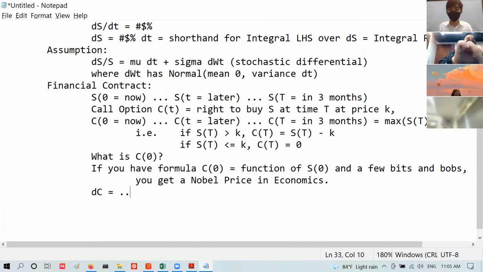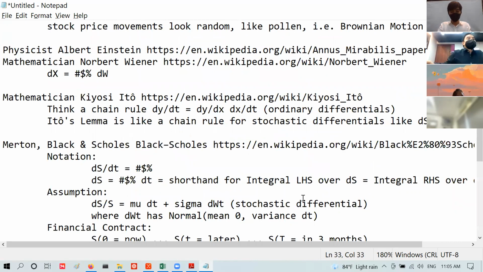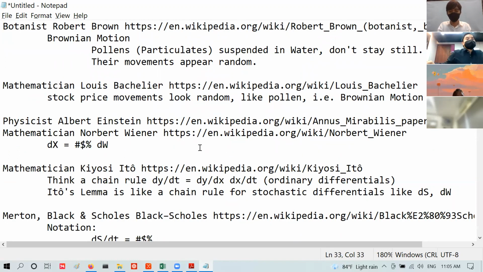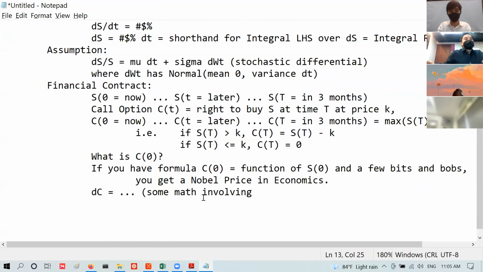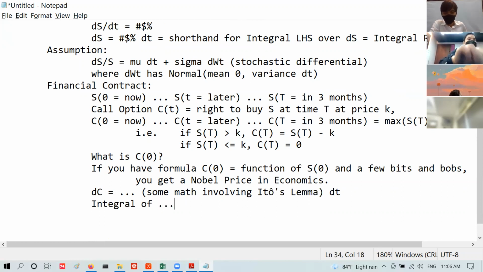It involves some math involving Ito's lemma, dt. Okay, basically that's what it comes down to, and then you take the integral of something dc and get c of 0.